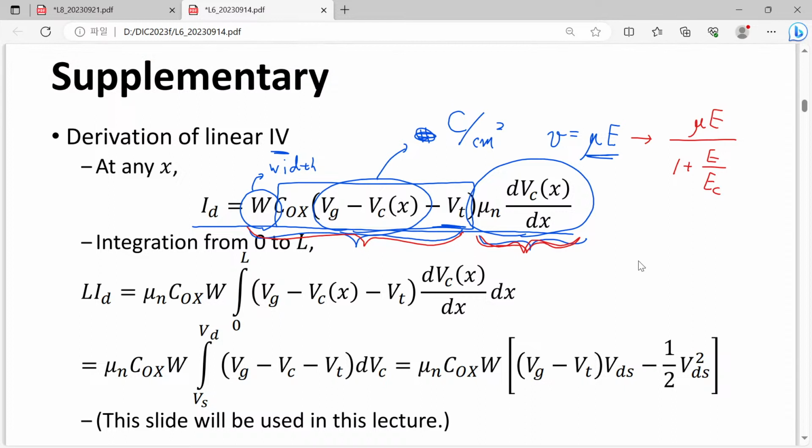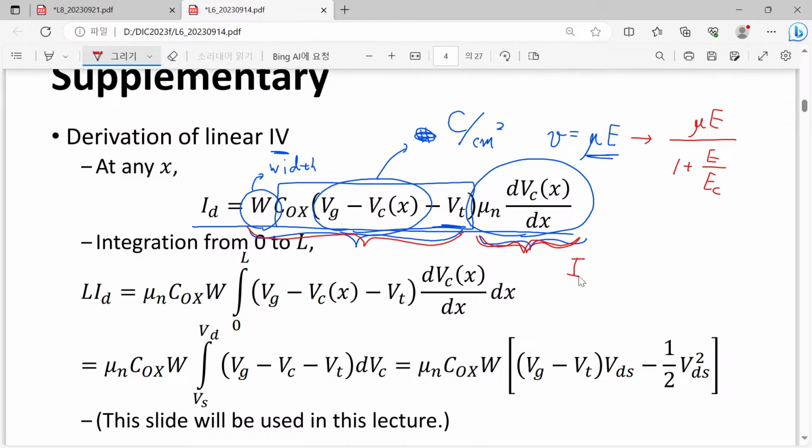Okay, so are you with me? Then let me just do it. ID equals something times mu times E divided by 1 plus E over EC. It seems quite complicated, but please wait for a while. This is only an added term compared with the previous one, so we can just multiply 1 plus the normalized electric field to the left hand side.